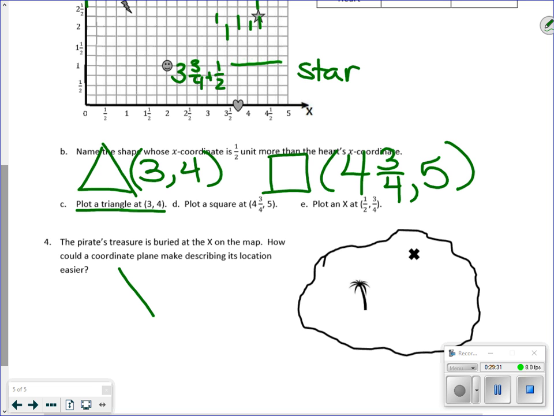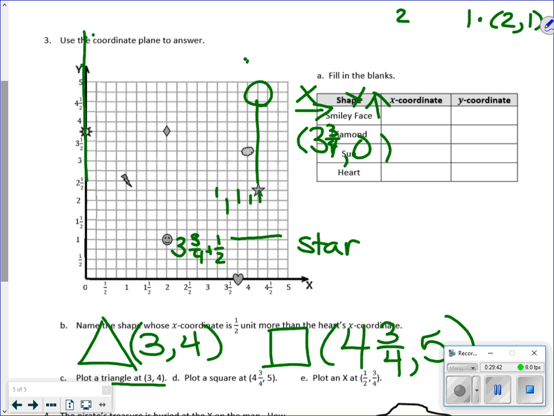Plot an x at 1/2 and 3/4. So over 3, up 4.